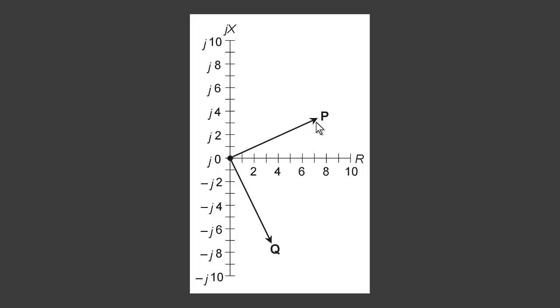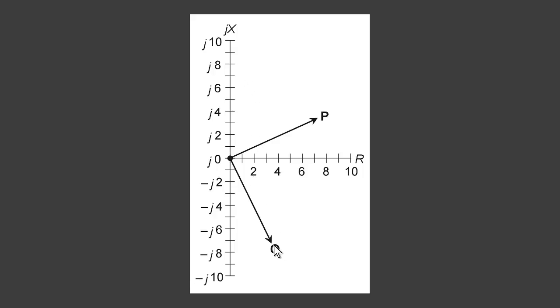And these 2 things you see here are complex impedance vectors. Vector P looks like about 7 ohms of resistance plus J 3.5 ohms of inductive reactance. Positive reactances are inductive.